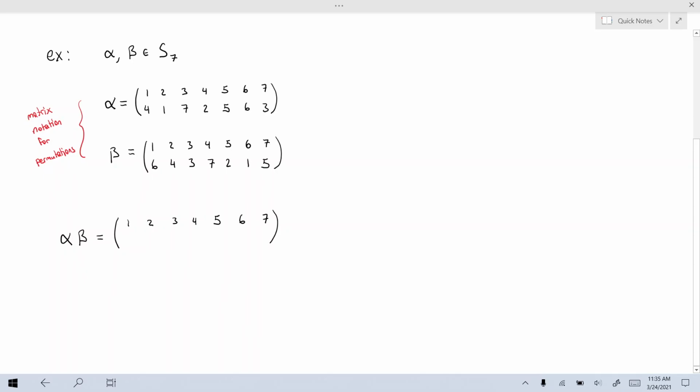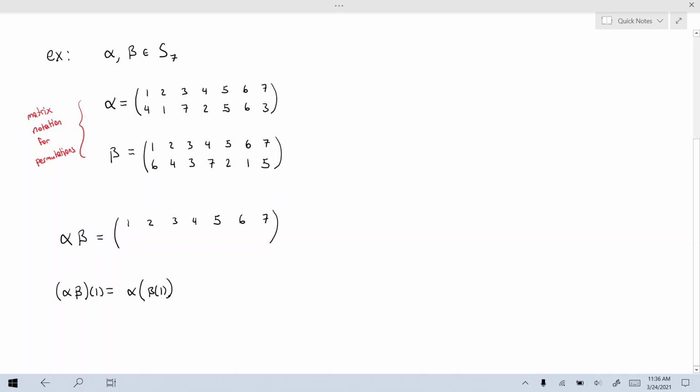Okay, so let's try to understand how this will work. So we first want to know what alpha beta of 1 will be equal to. So remember function composition, this is alpha of beta of 1, okay?